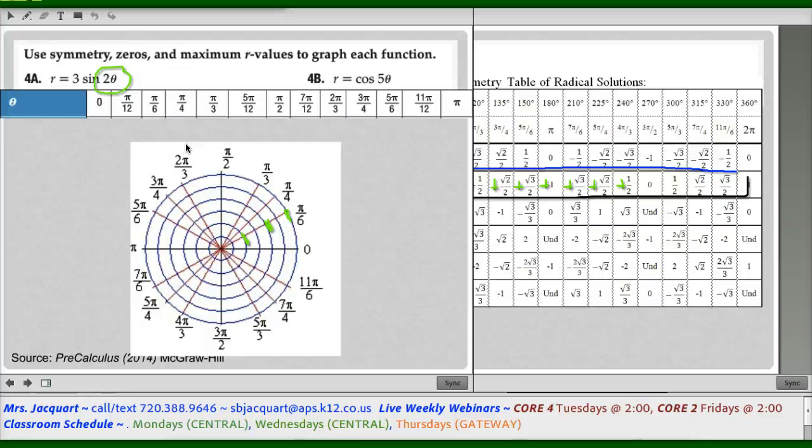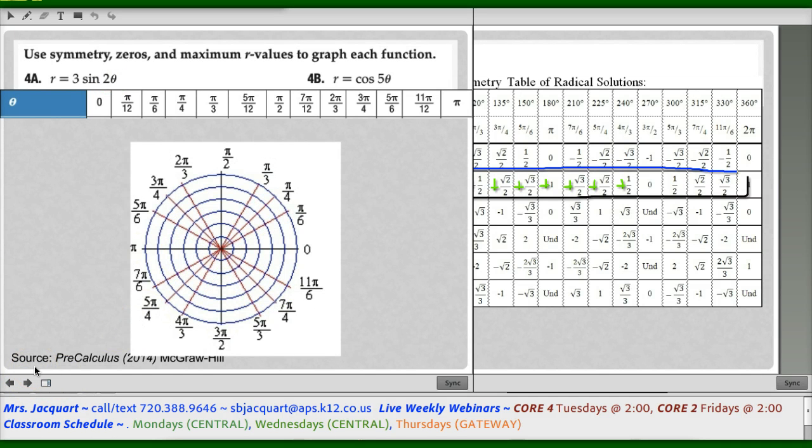And we're going to go on 45 degrees. That's where they show up. And that's your rose. It's a rose. Let's go look at our cosine one.